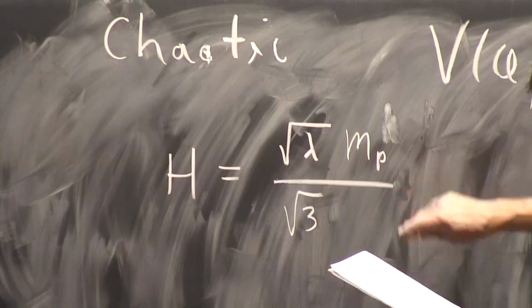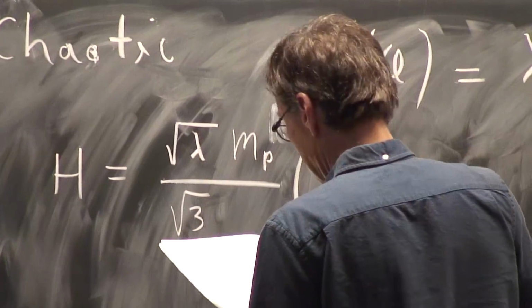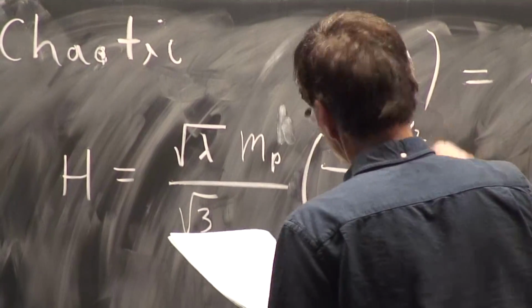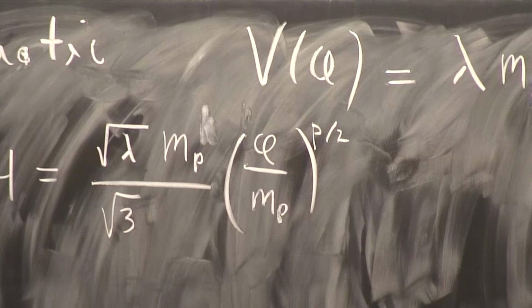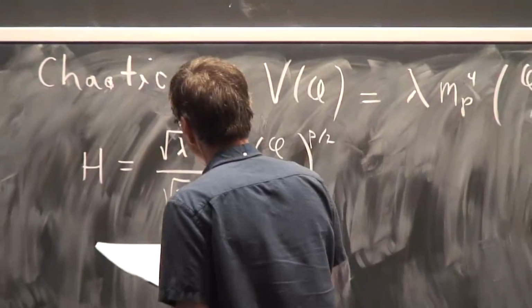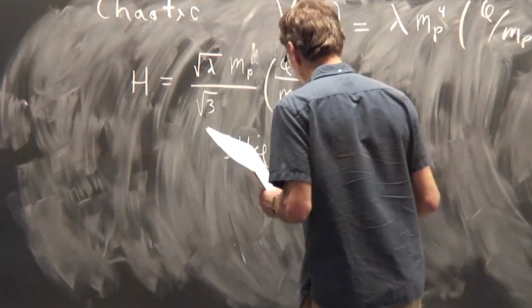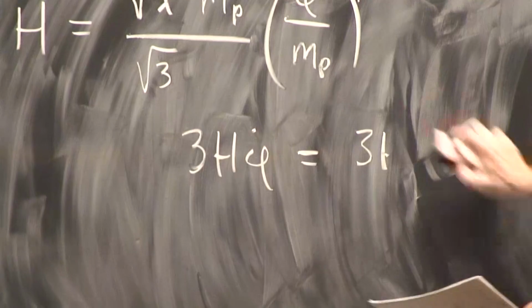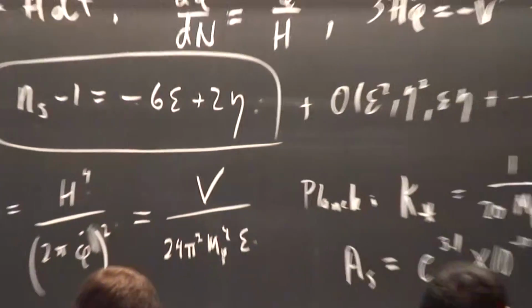We just get one power of m Planck, and we get (phi over m_P)^(p/2). And then the slow roll equation for the evolution, 3H phi dot. It's convenient to use the relation we already found over here.